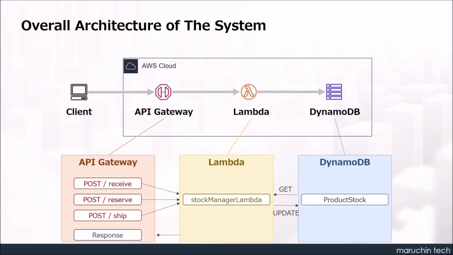We will also retrieve the inventory data existing in DynamoDB. Once the Lambda function acquires the necessary information from API Gateway and DynamoDB, it performs a calculation using the inventory manager. Then it writes back the new inventory counts to DynamoDB. Furthermore, it returns a response, success or failure, to API Gateway.